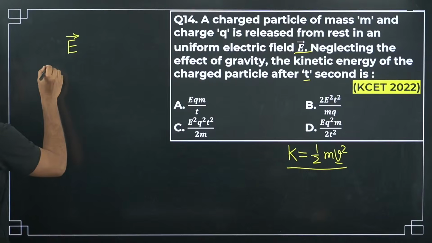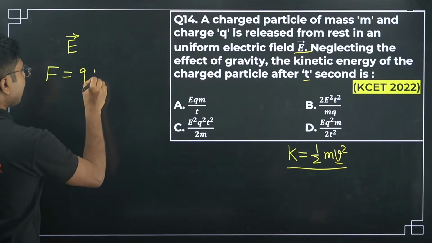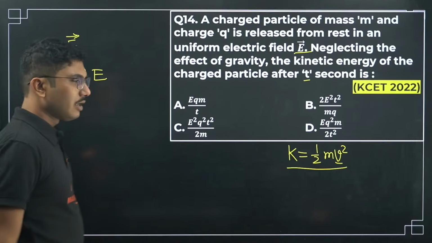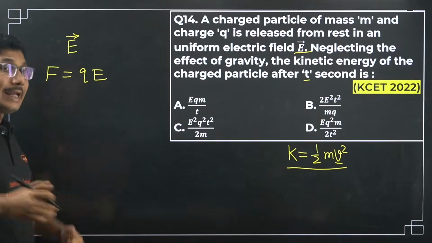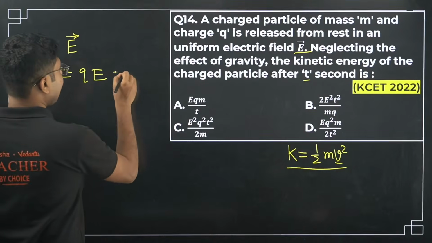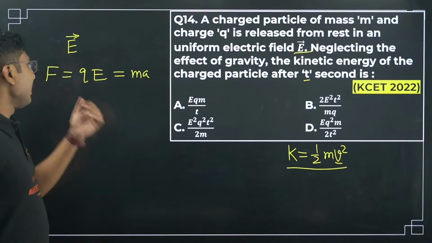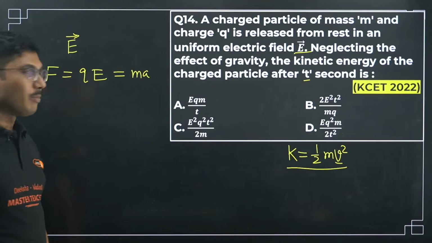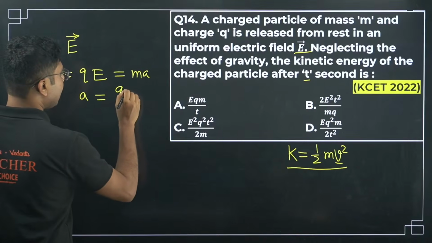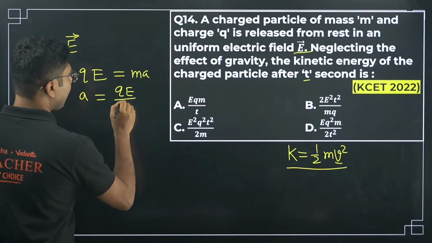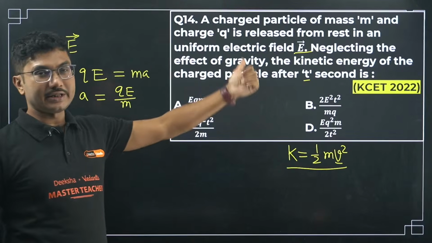For that we have to remember that force acting on a charged particle is Q into E. Again, from Newton's second law of motion, F equals ma. So we can write QE equals ma. From here the acceleration is QE divided by m. This is the acceleration of the charged particle once you release it in the electric field.